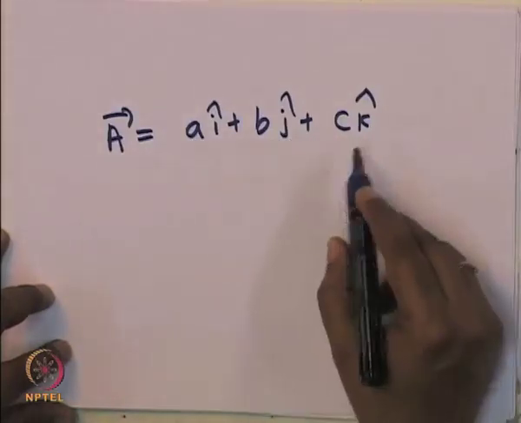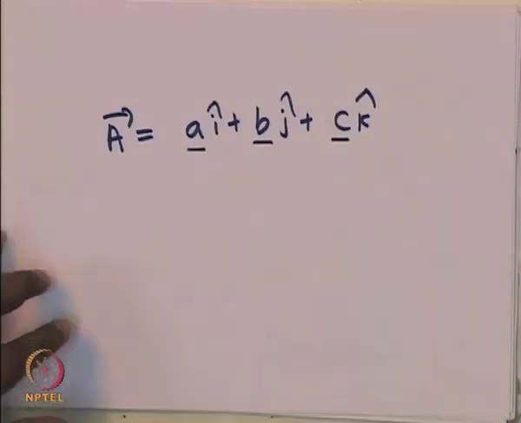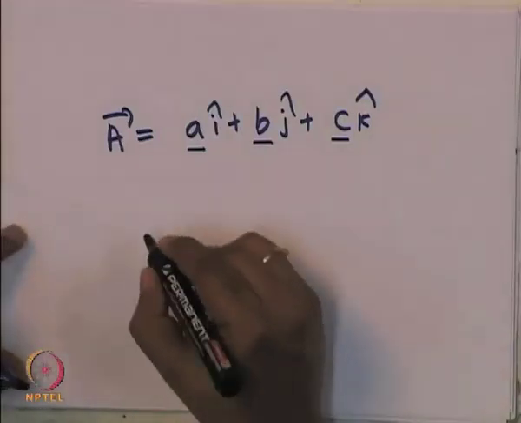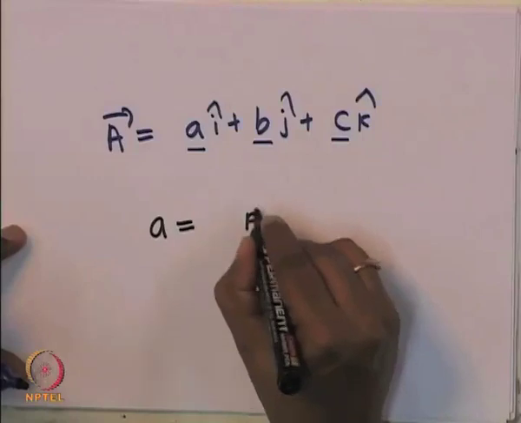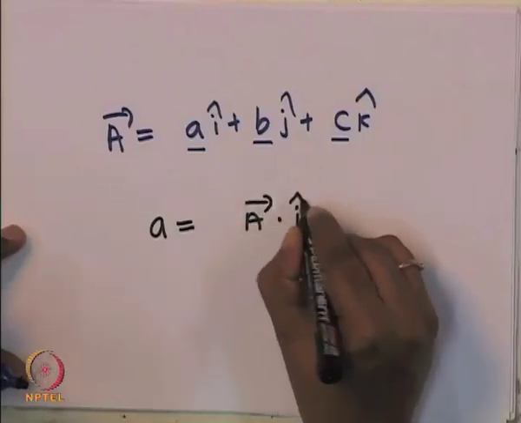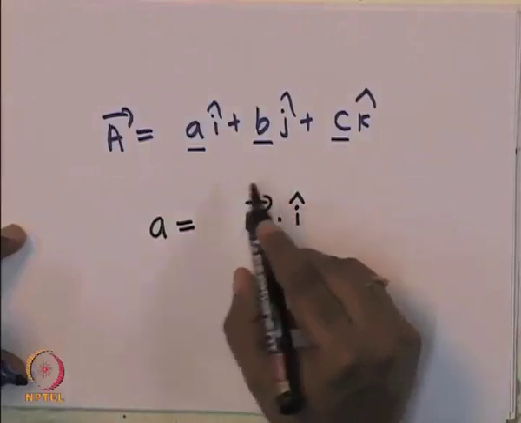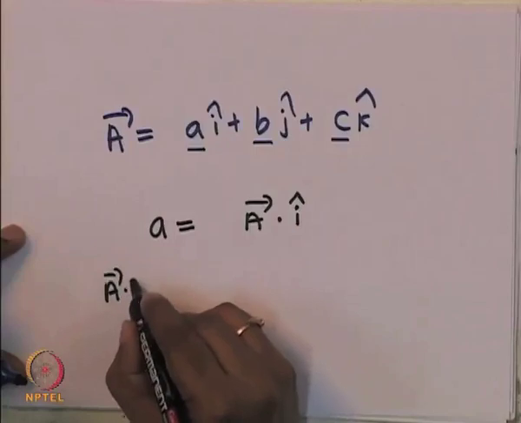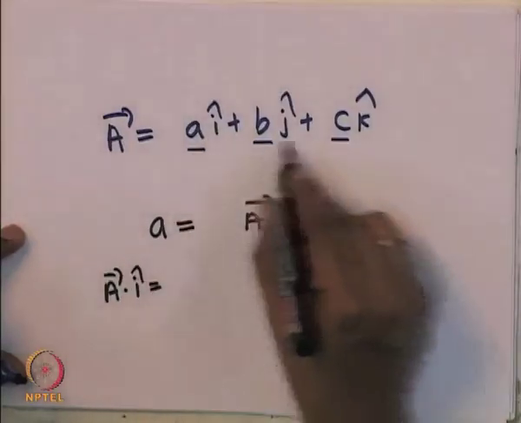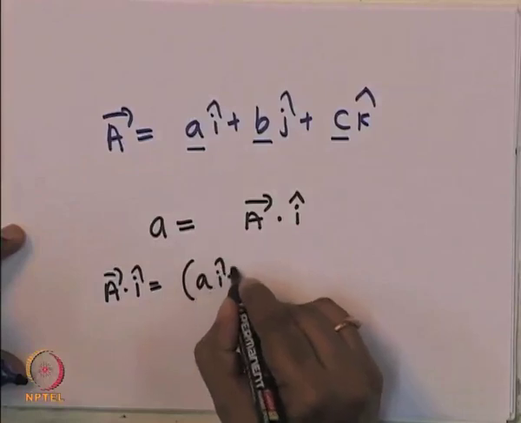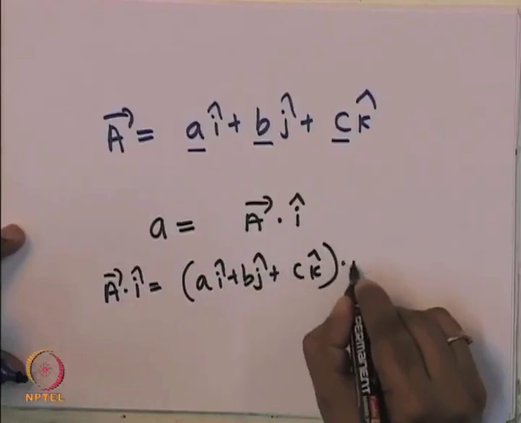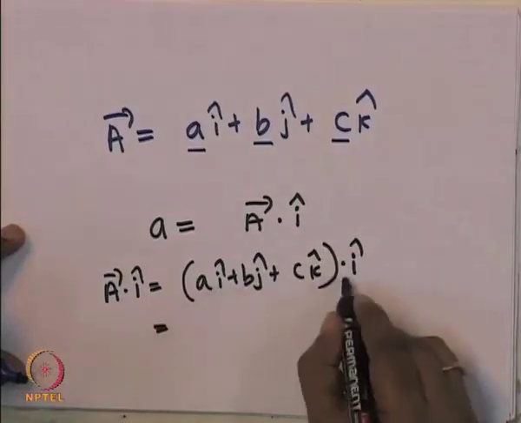So we wrote any vector like that. Now, A, B, C are some coefficients. And how do we get this A, B and C? In this vector case, we can write little a is equal to A dot i. A dot i is nothing but this dot i, that means A i plus B j plus C k whole thing dot i, and we know that i dot i is 1.